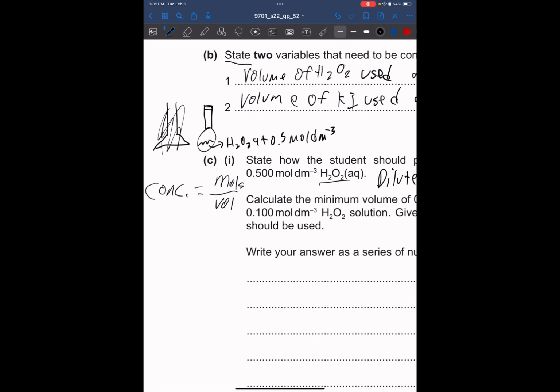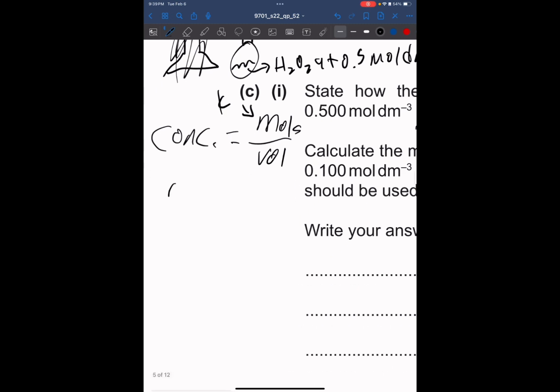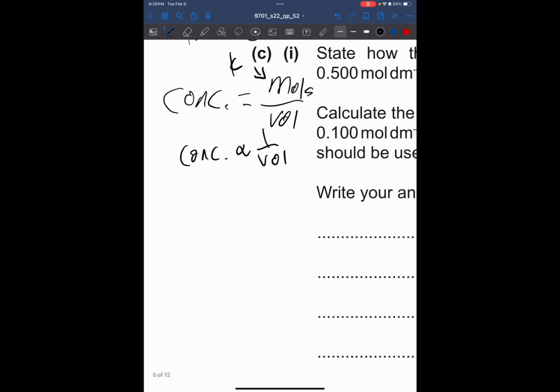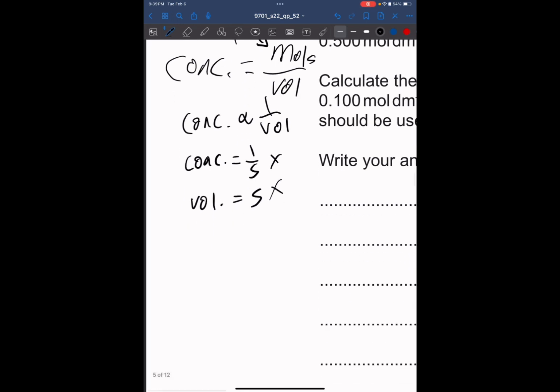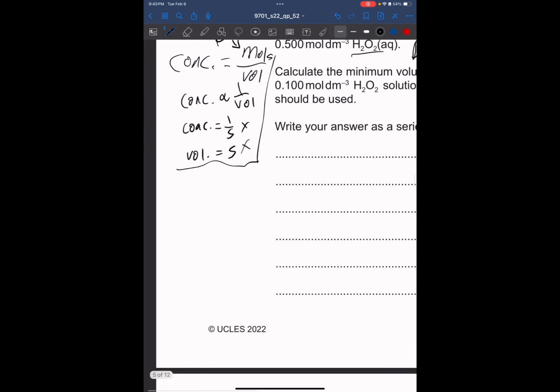It's just the water or the solvent that's going to change. So the number of moles is a constant, and that would mean that our concentration is inversely proportional to the volume. Mathematically, what that means is that if we want the concentration to be 1/5, then we need to multiply the volume by 5. It's a mathematical relationship, and I think if you do physics, this would be pretty understandable.